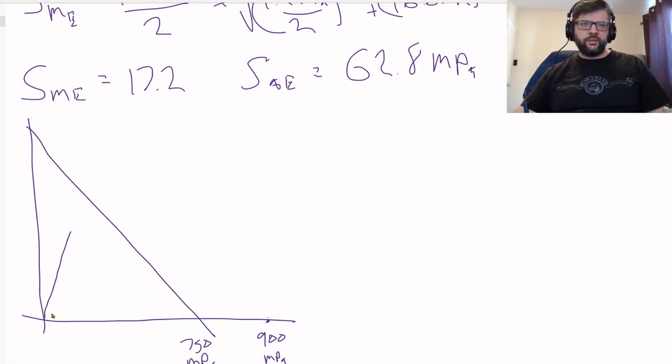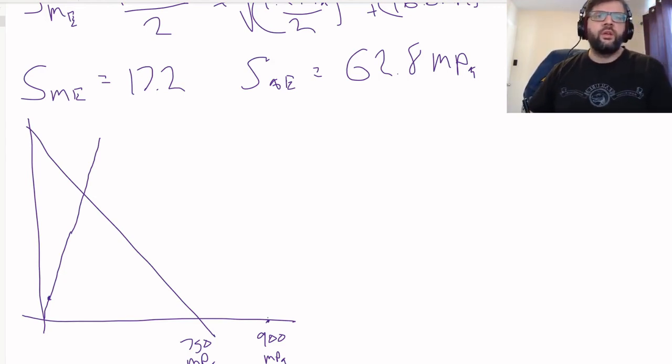So we got a load line that looks something like this, because our operating point is somewhere around there. Slope of that line is 3.65. So there's our operating point right there.